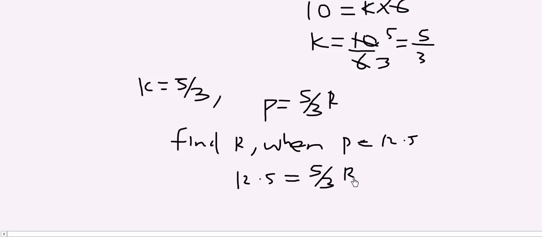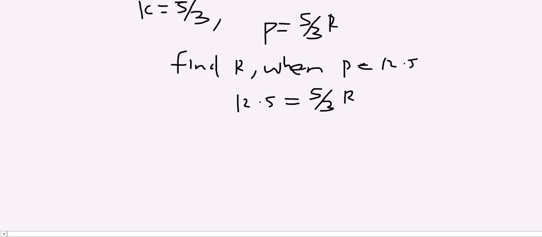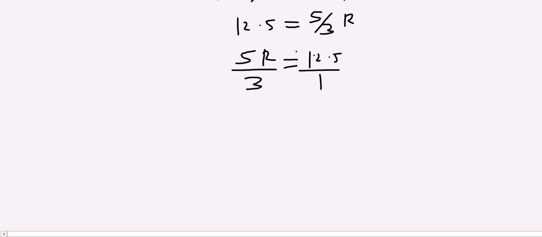How do I get R? Let's say I express this by rearranging the equation. So 5R over 3, that's 5 times R over 3, is equal to 12.5 over 1. When I cross multiply, I simply have 5R is equal to 3 times 12.5.